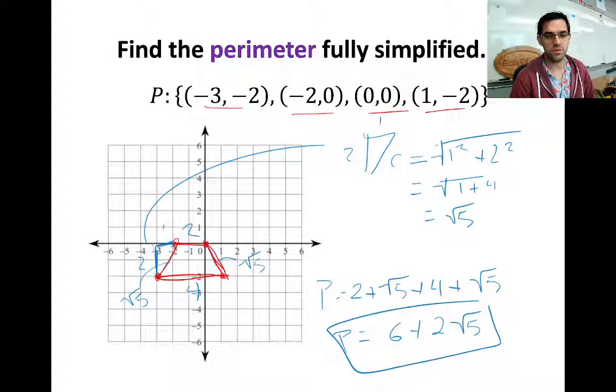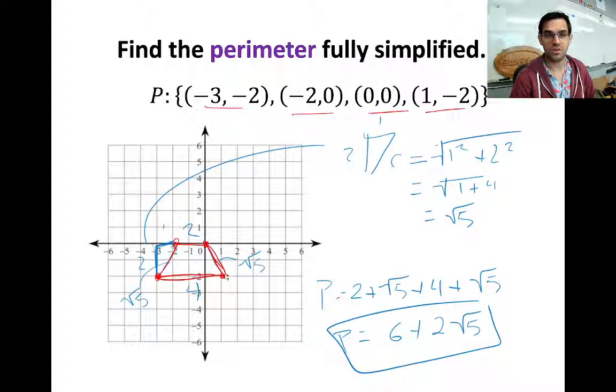This right triangle has one leg of 2 and another leg of 1. So when we find the distance, we write the square root of 1 squared plus 2 squared. Then we simplify and find that the length of the hypotenuse, or the side of our trapezoid, is the square root of 5.